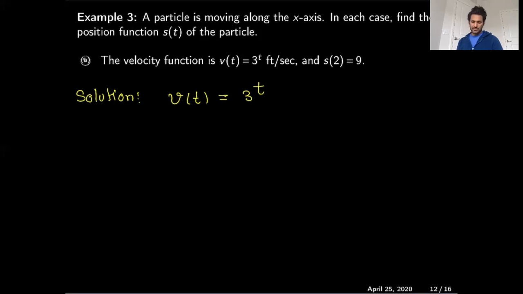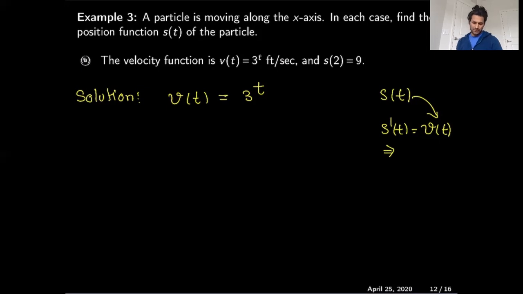We know the relation that if the distance s of t is given and you calculate the derivative of the distance, that gives you the velocity. That means s of t is the antiderivative of the velocity function, because if you take the antiderivative of the velocity, you will get the distance back.